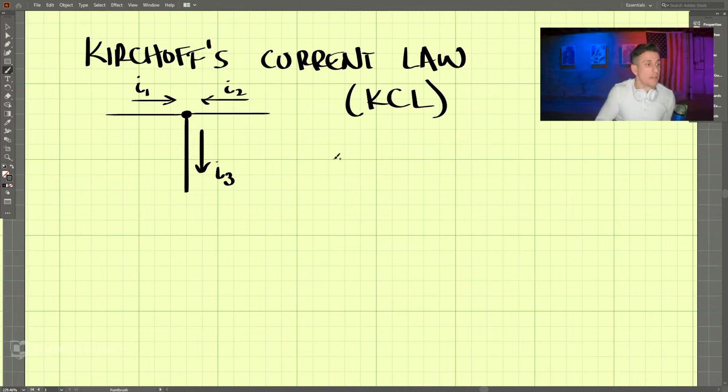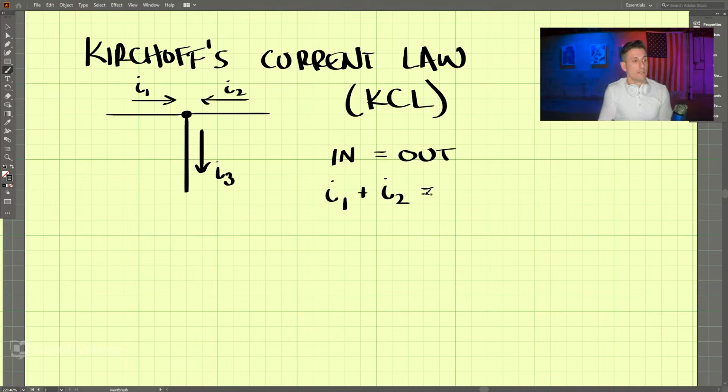Okay, so we set the in equal to the out for the current. So we're looking at current. So coming in, we have I1 plus I2 equals the out. So both of these are coming in.